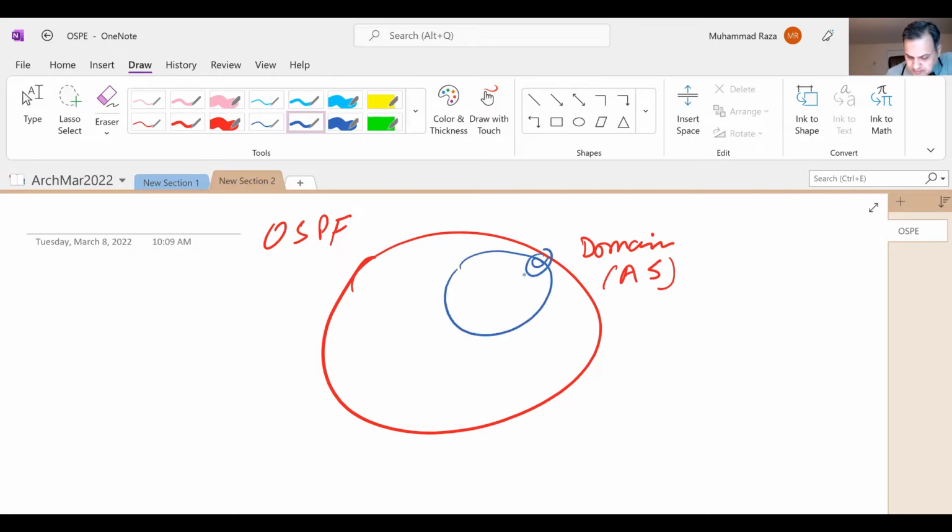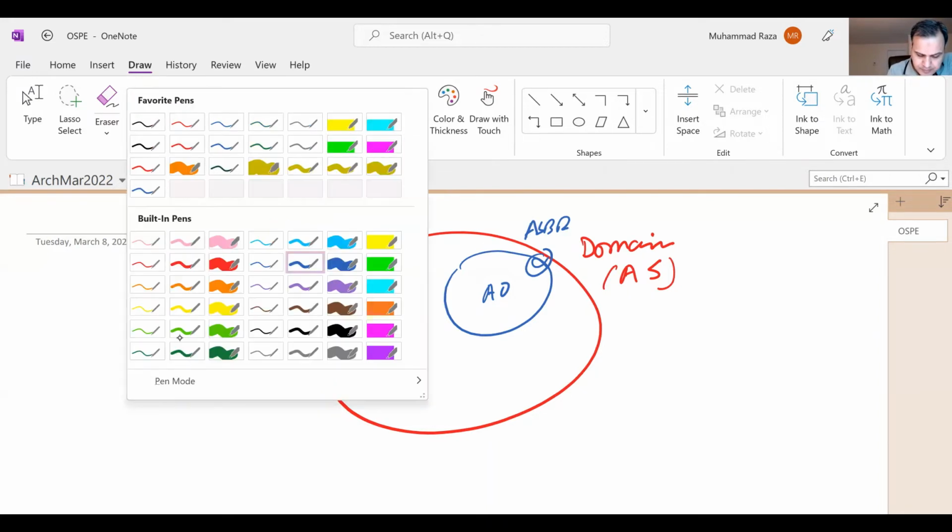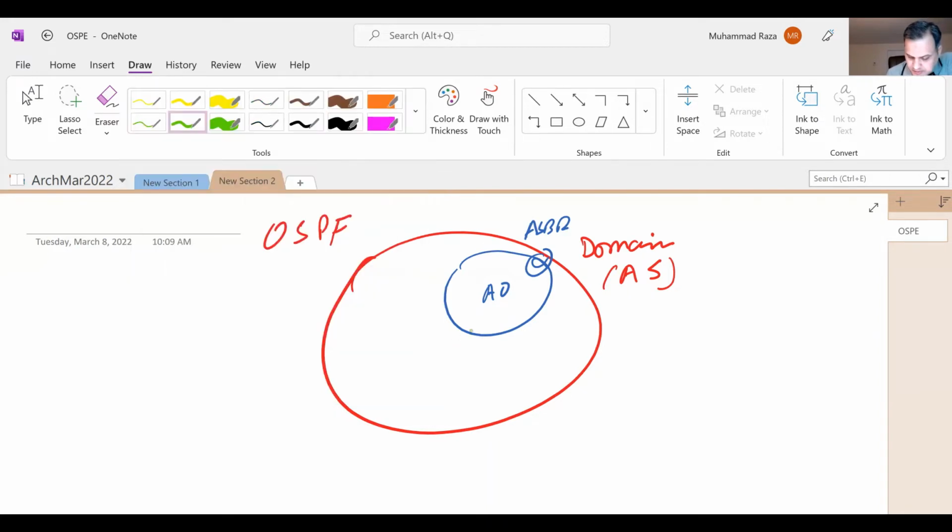You may have area 0, that is your ASBR. You may have area 1. You may have area 2.